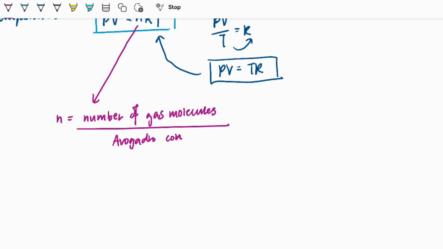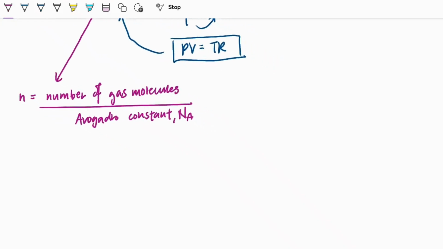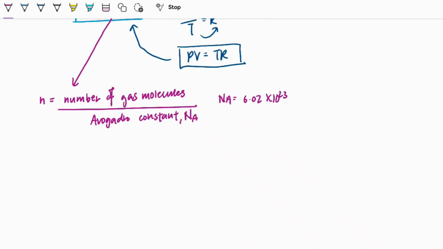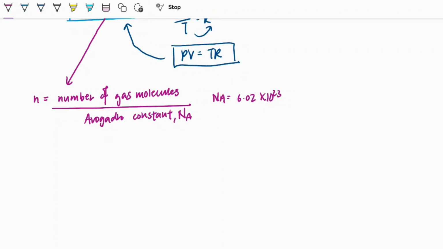Not avocado constant, yeah? It's Avogadro constant, usually denoted as capital N subscript A. The value of the Avogadro constant is 6.02 times 10 to the power of 23. Number of gas molecules is usually denoted as capital N.